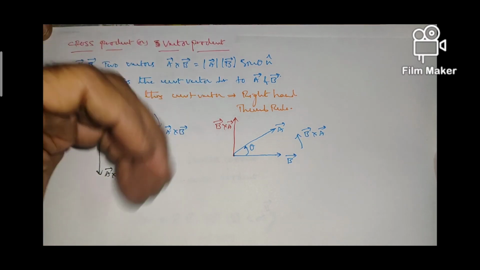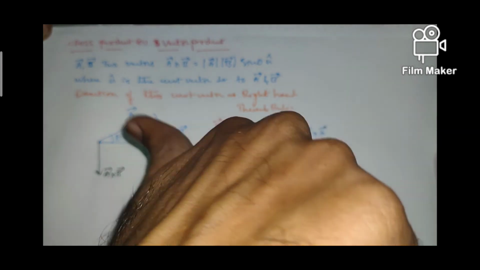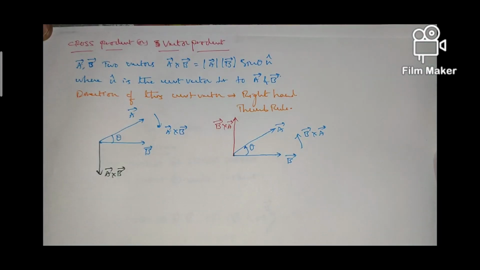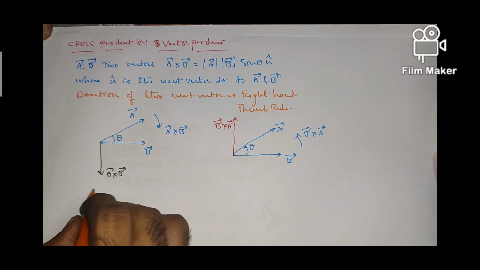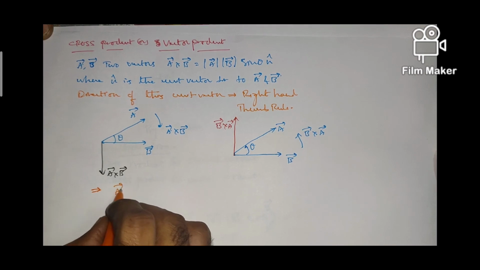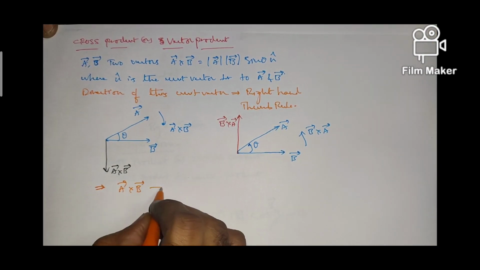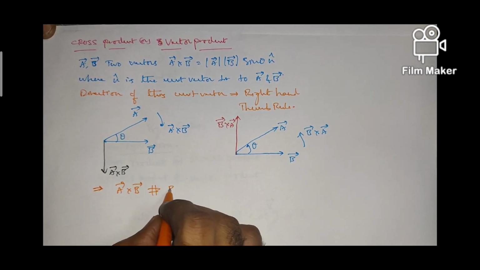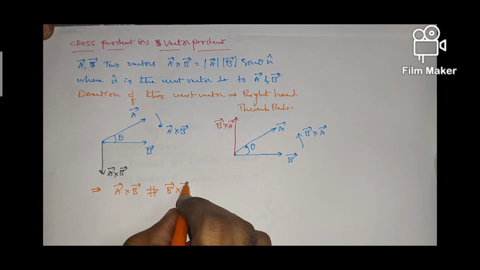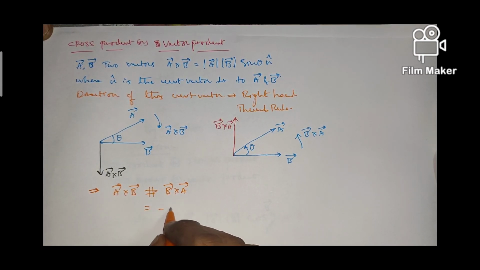In the previous case, when you close the fingers in the clockwise direction, the thumb will be downwards. Hence, it is clearly known that A bar cross B bar is not equal to B bar cross A bar, rather it is equal to minus B bar cross A bar.